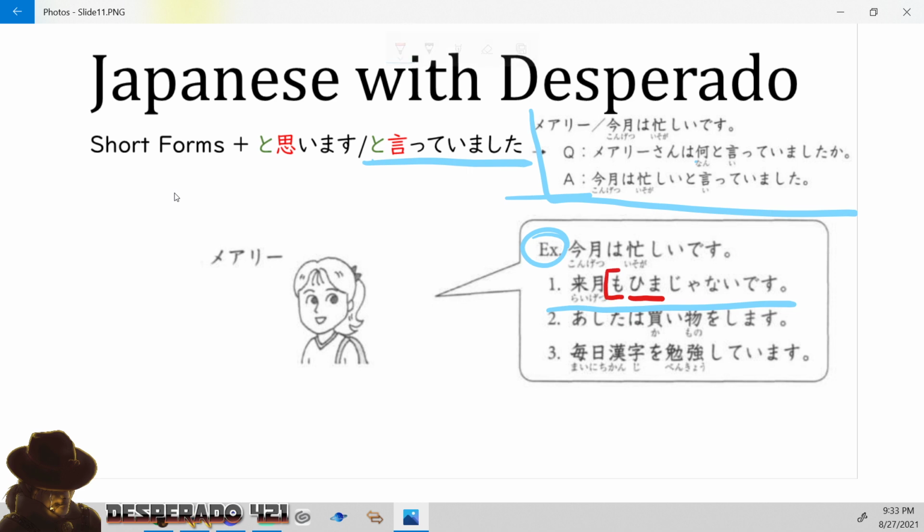I mushed that all together in the wrong way. Raigetsu mo hima janai desu. Okay, so Raigetsu mo hima janai desu. So what did Mary say? Mo hima janai desu. Hima. Meri-san wa? Hima? Oh, yeah. Okay. Hima is free time. Ah, okay.